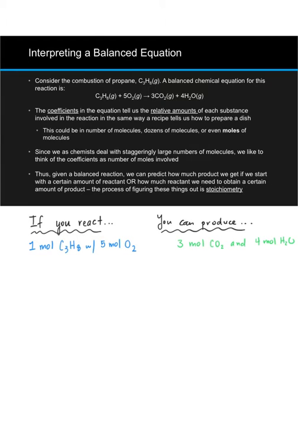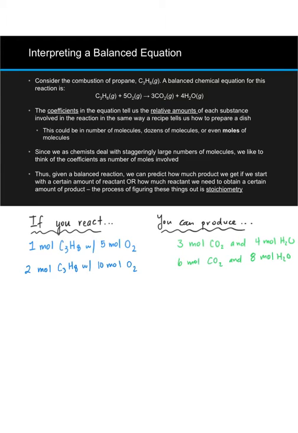Like a recipe, if we double a recipe, we expect double the yield in terms of products for a chemical reaction. If I doubled my recipe for the combustion of propane and reacted instead 2 moles worth of propane with 10 moles worth of oxygen, I might expect to produce 6 moles worth of carbon dioxide and 8 moles worth of water vapor.